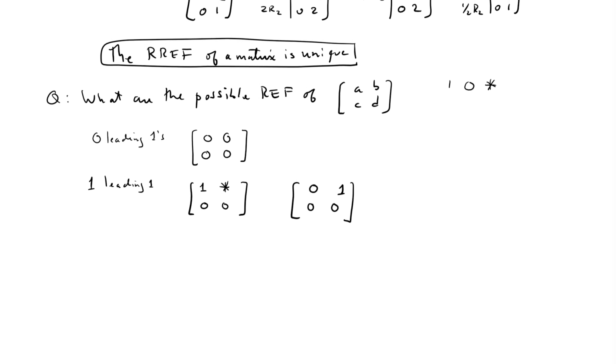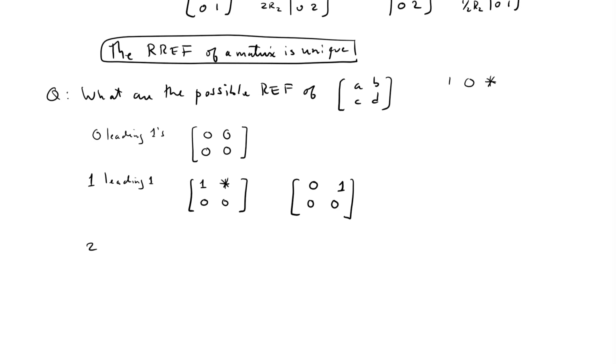And if there are two leading ones, there's 0, 1, and 2 leading ones. Two leading ones means that every row starts with a leading 1. Row 1 starts with a leading 1.